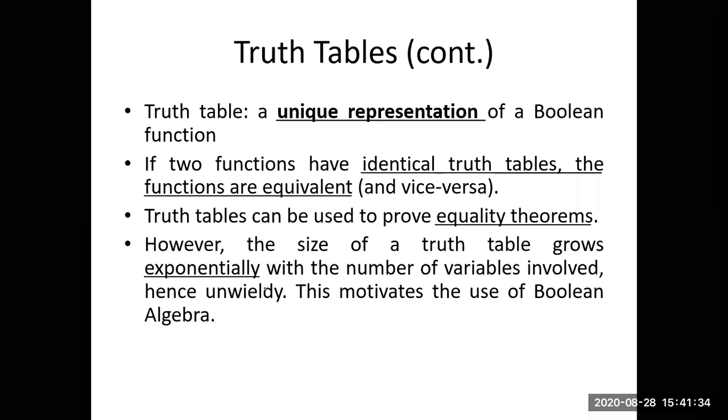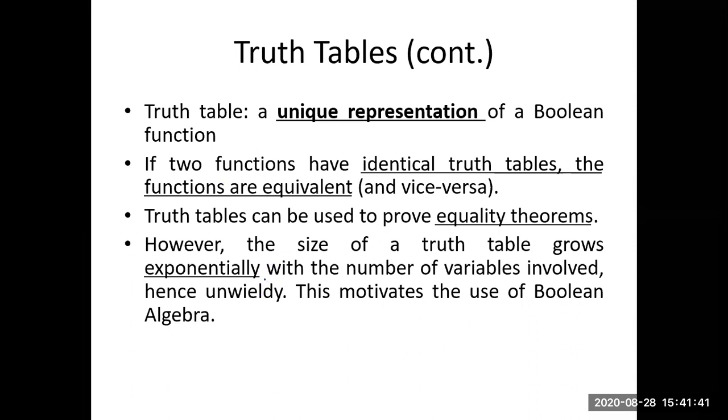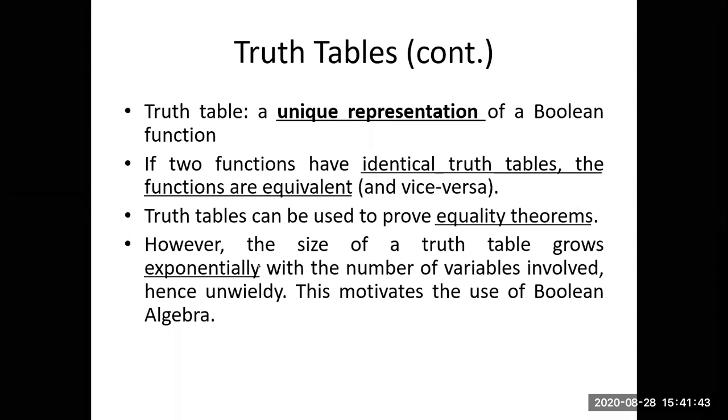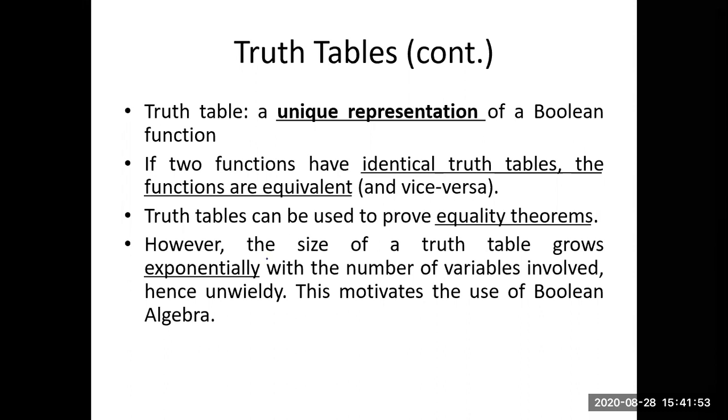But the problem in verifying equality theorem with a truth table is that if you increase the number of variables, your truth table will increase exponentially. Like for two variables, there are 2 squared, that is four possible combinations. For three variables, that is eight possible combinations, 2 to the power 3. For four variables, that is 2 to the power 4, that is 16 possible combinations.